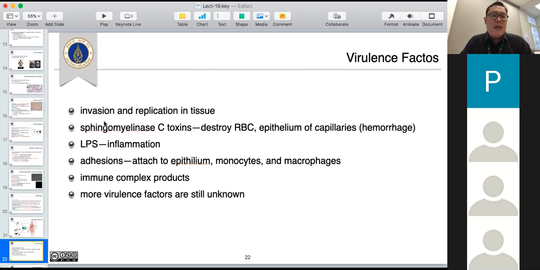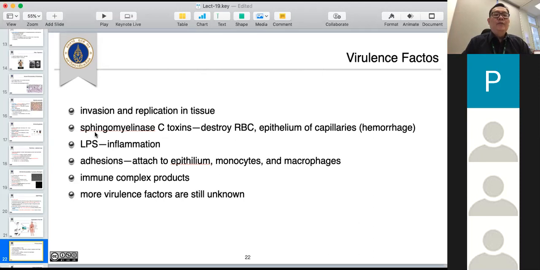Bacteria probably invade and cause tissue damage itself. And well, gram-negative bacteria possess lipopolysaccharide that causes inflammation. They have so many adhesion molecules, that's adhesin. They can attach to epithelium, attach to monocytes and macrophages, and go inside the cells.